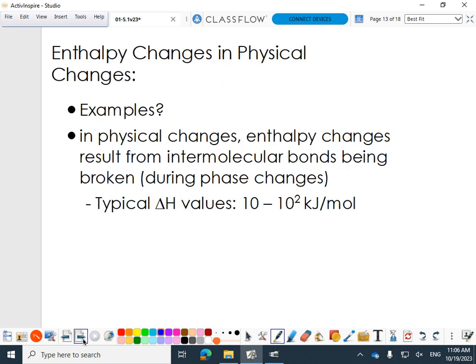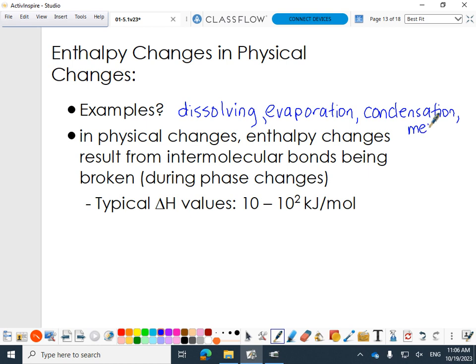Okay? So when you have physical changes, like I said, we're going to do dissolving. But you could do other ones as well. You could do evaporation, condensation, melting, etc. Melting, freezing, all of those either require a certain amount of energy or release energy.